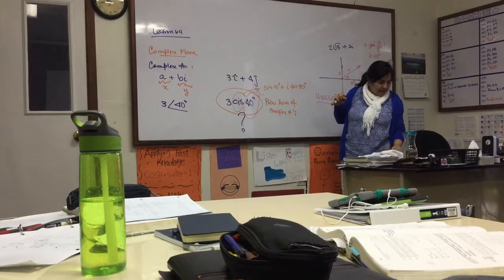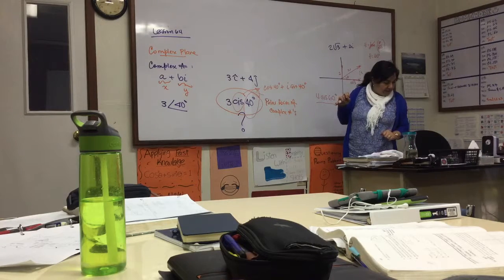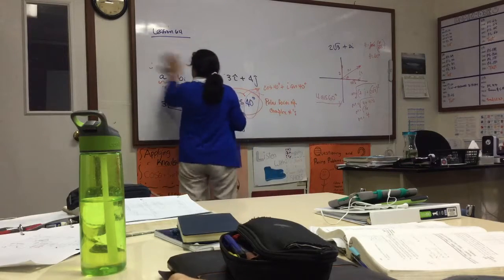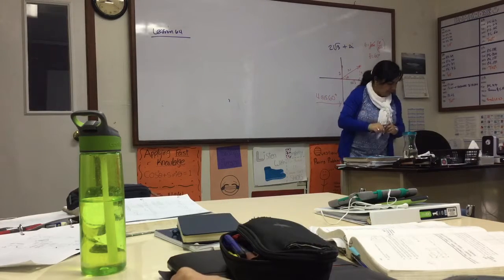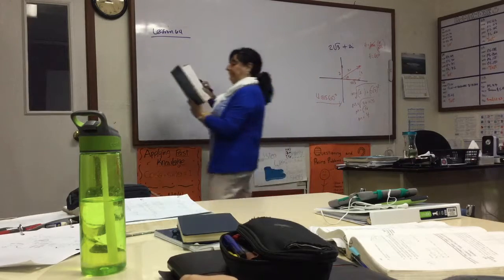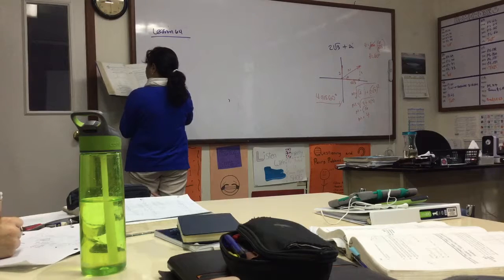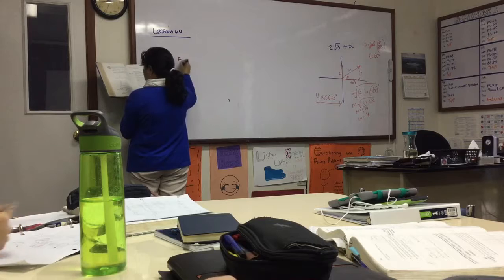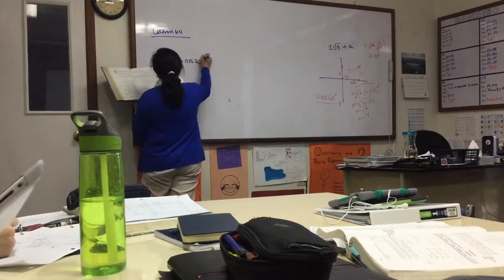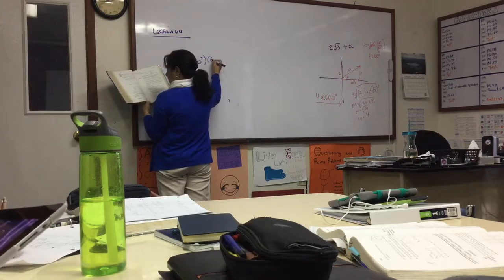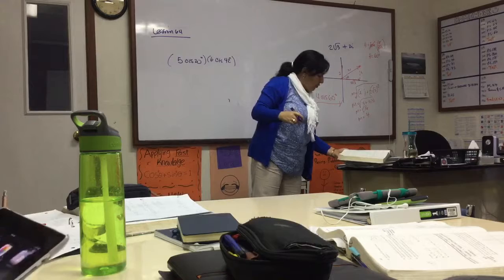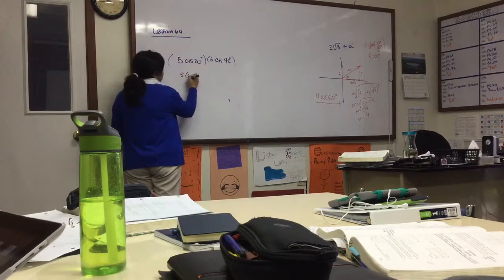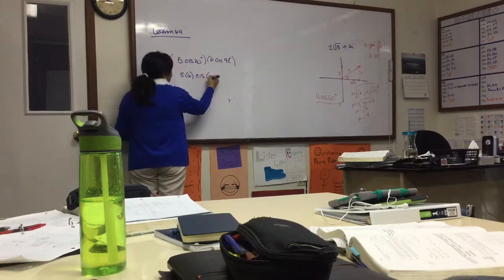So, that is that. The last part tells you, if we multiply something like this, 5 cis 20 times 6 cis 42, this is going to be 5 times 6 cis 20 plus 42.